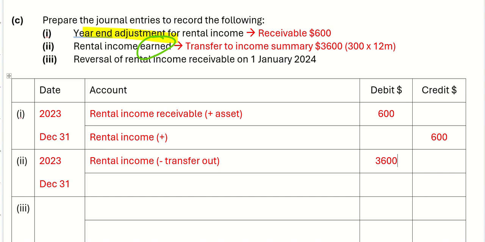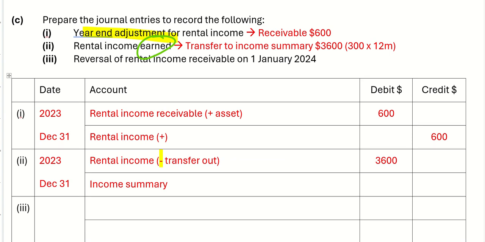And what is the other account? Income summary. Correct? Because your rental income must transfer out first. It must minus first. Rental income transfer out, transfer to where? Transfer, go into income summary. All right? So, and your income summary is therefore a debit.